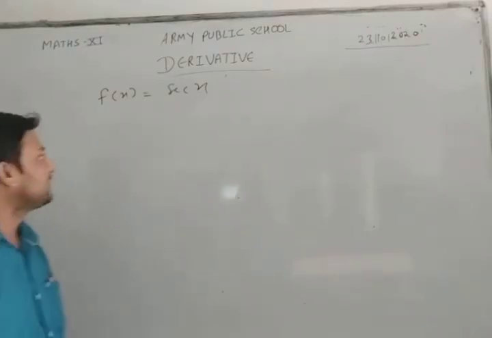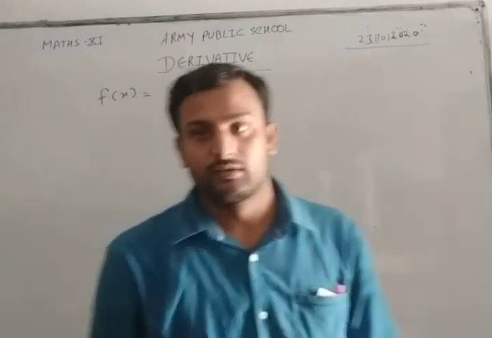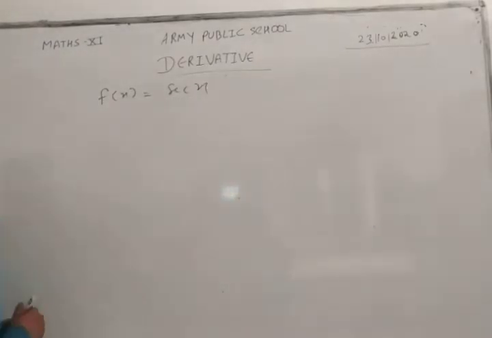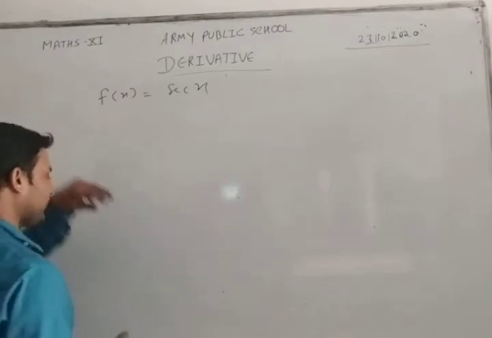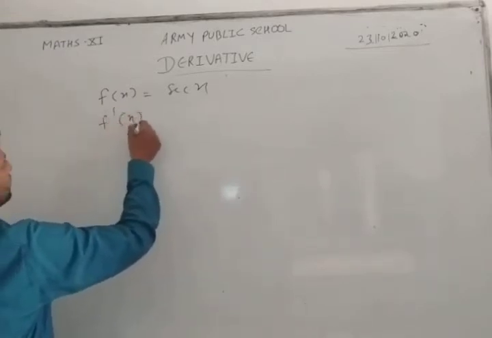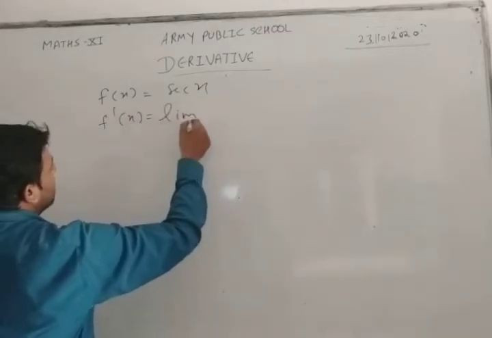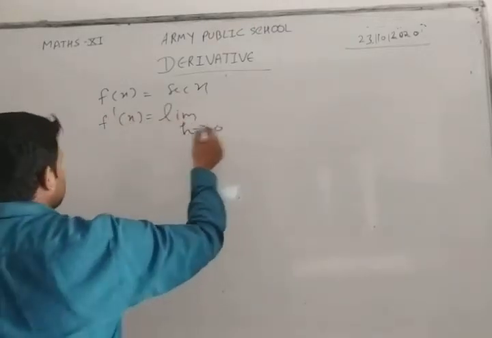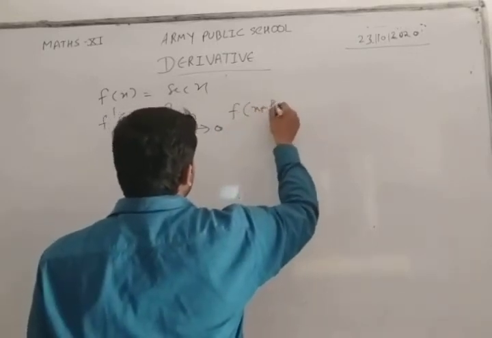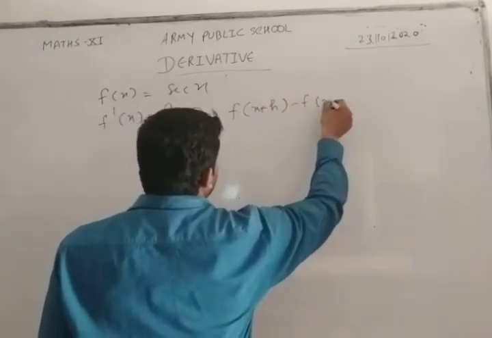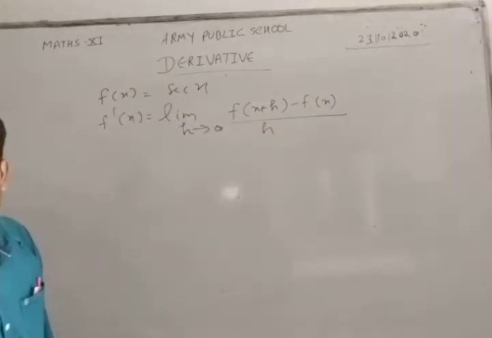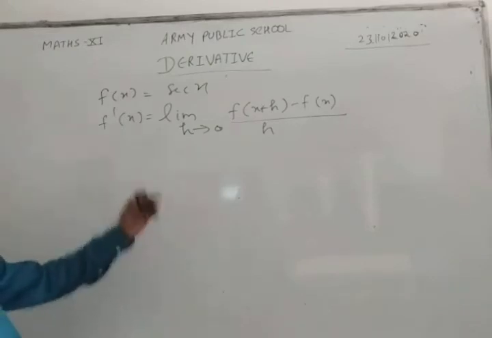We have to find the derivative of this function by first principle. So let fx is equal to sec x. Now f dash x is equal to limit h tends to 0 fx plus h minus fx by h. Okay, this is the formula.